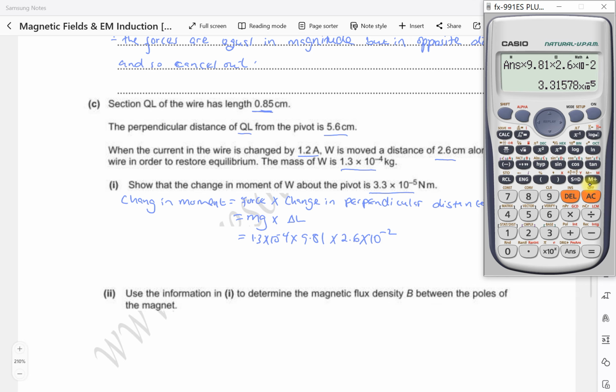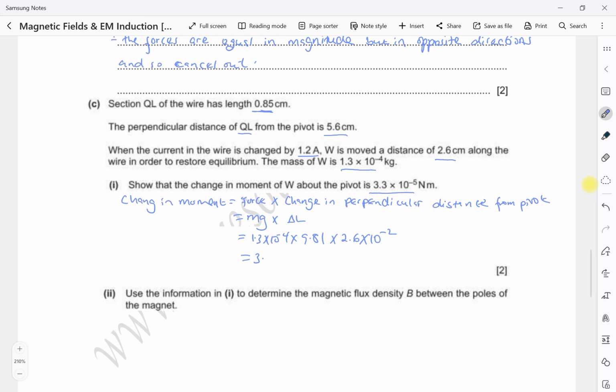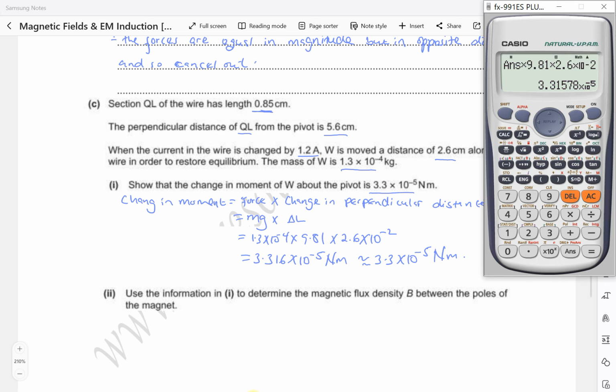So that is 3.31516 times 10 to the power of minus 5 Newton meters, which is approximately 3.3 times 10 to the power of minus 5 Newton meters. Okay.